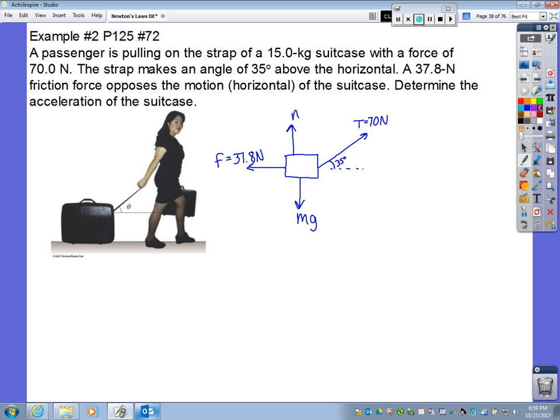So I'm going to start by finding Tx and Ty. So Tx is 70 cosine of 35 degrees, and that is 57.3 newtons.